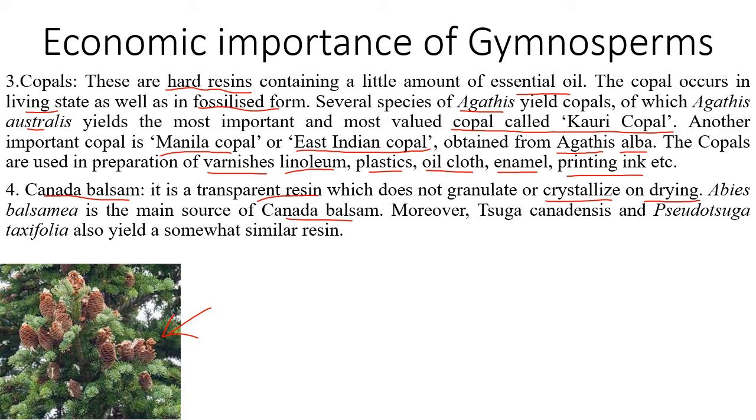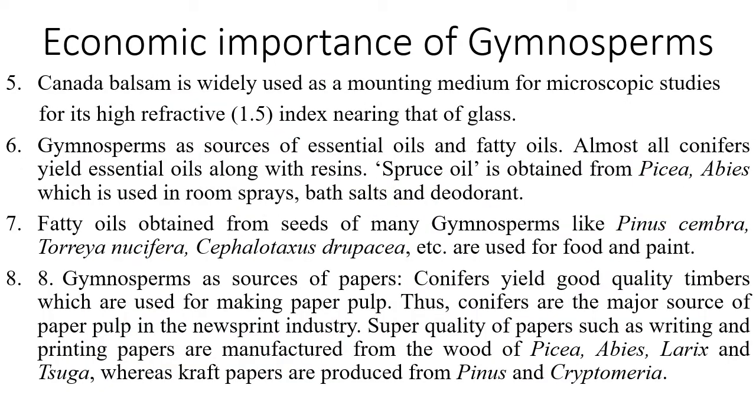Then Tsuga canadensis and Pseudotsuga taxifolia also yield a somewhat similar kind of resin, which is used to prepare permanent slides in biological laboratories.